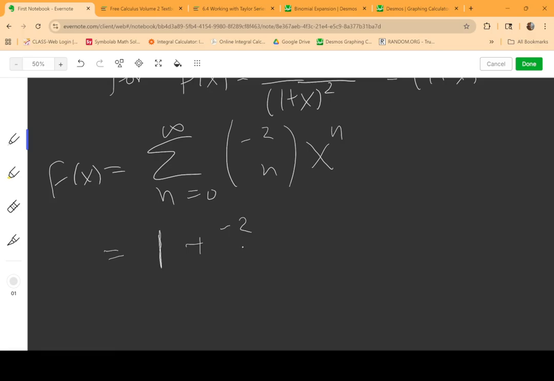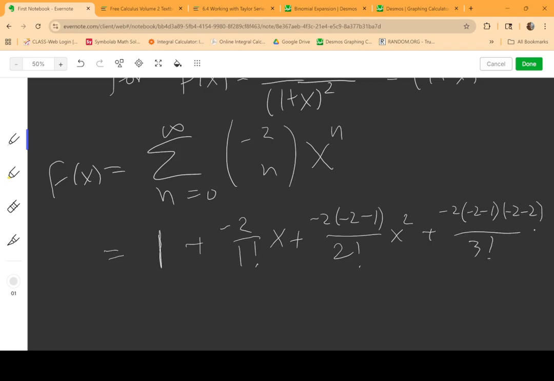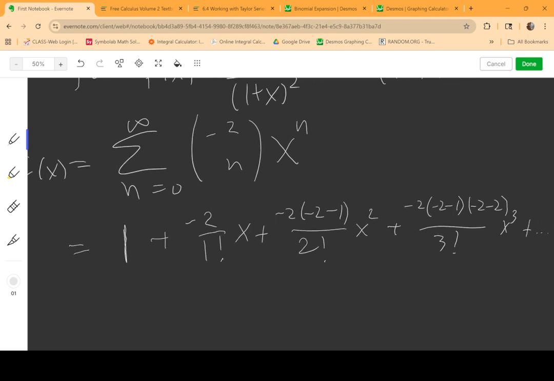We get negative 2 over 1 factorial, times x, and then plus negative 2 times negative 2 minus 1, at each step of the way we subtract 1, over 2 factorial, x squared, and then plus negative 2 times negative 2 minus 1 times negative 2 minus 2, all over 3 factorial, x cubed, and plus dot dot dot.